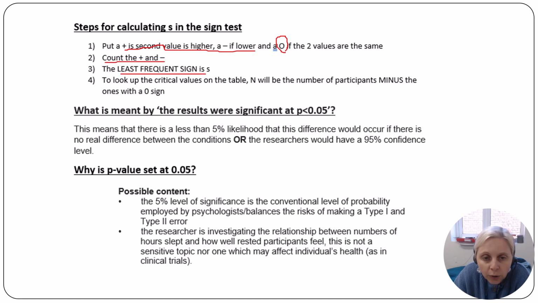The least frequent sign is your S, and this is your calculated value. Once you've done that, the last thing to remember is that N is the number of participants minus the ones that had a 0. So those are the only things to remember. Once you've done that, it's exactly the same as any other statistical test.